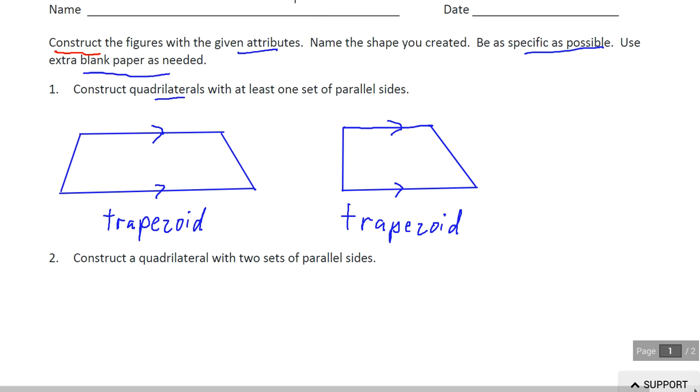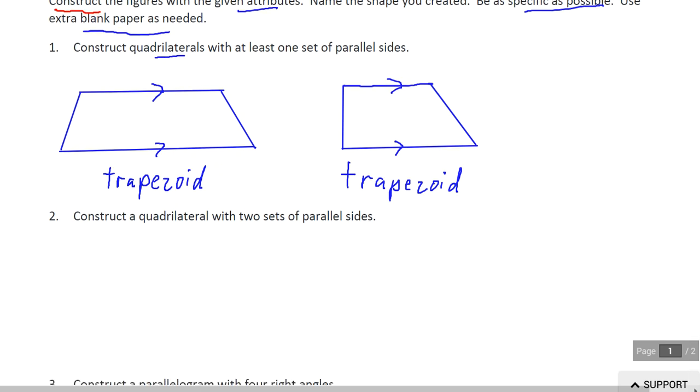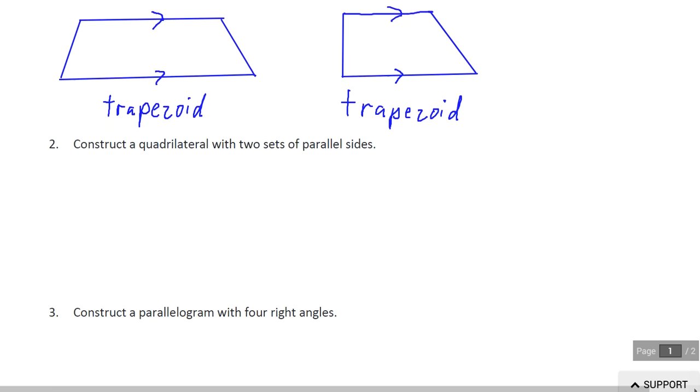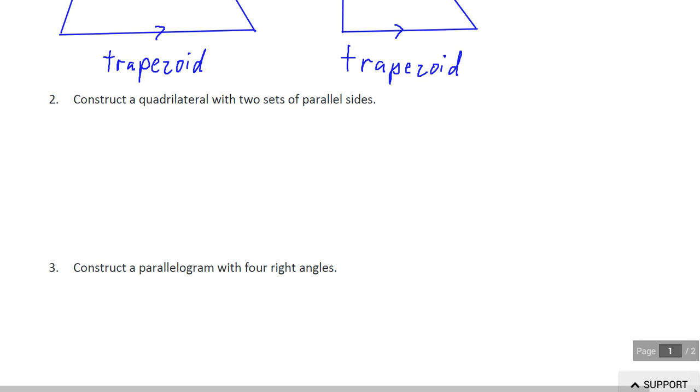Okay, so let's go down to the next one, and it says construct a quadrilateral with two sets of parallel sides. Two sets of parallel sides. Okay, well, if both sets are parallel, let's just try this and see what happens here. So this one, okay.